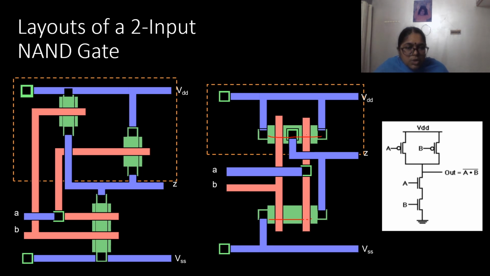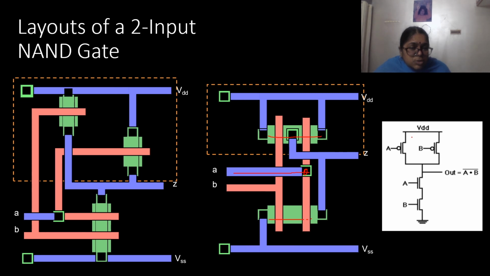So we make use of the 2 polysilicon layers cutting both P diffusion and N diffusion, and to the gates of these, that is to the polysilicon, A and B are given as the inputs. You can see here that a metal layer is used and it is having a contact with the polysilicon, and input A is given to that, and for input B, same polysilicon layer is used to give the input.